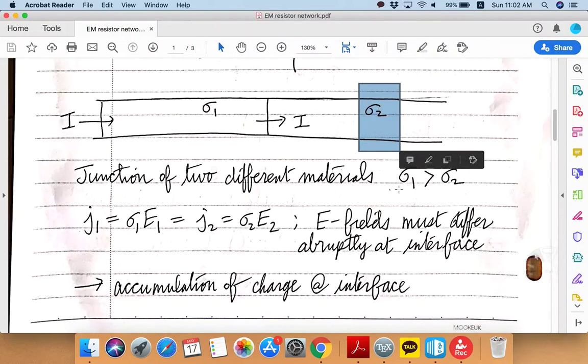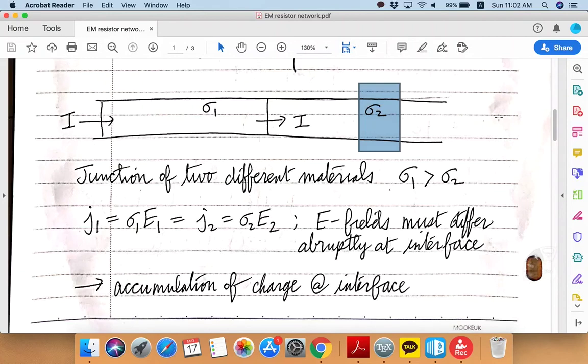So now you have this junction which separates the two different materials, and you have some current flowing through this entire wire.